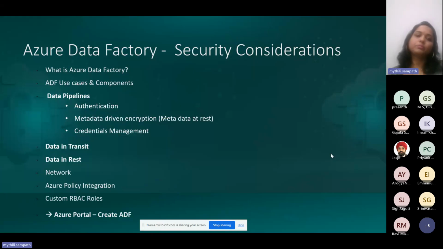And the next one, security considerations, because we said it has built-in screens. You can click and create any data factory, right?